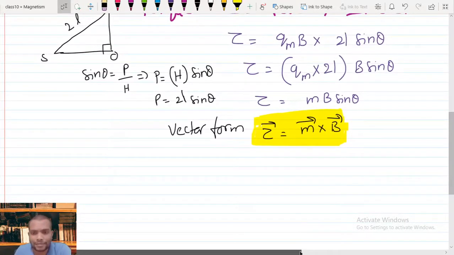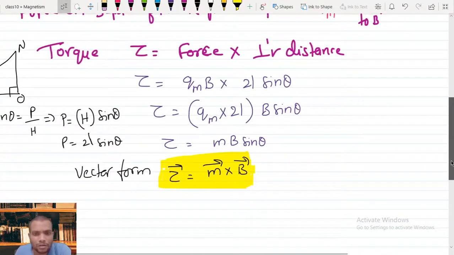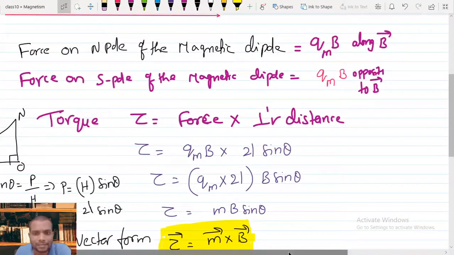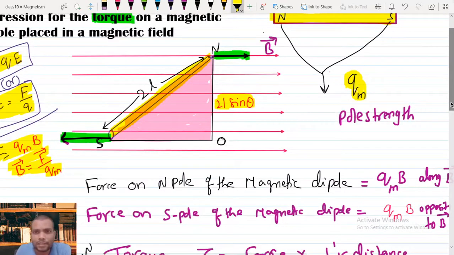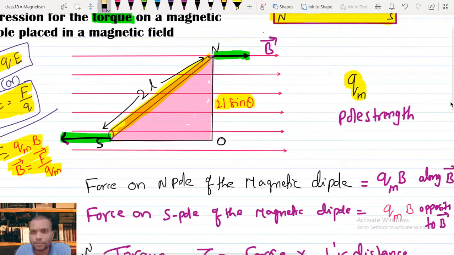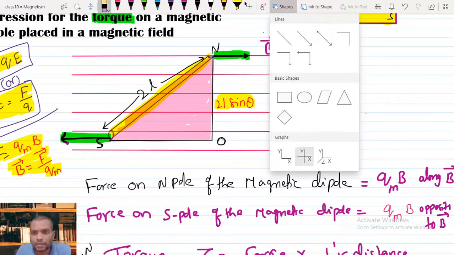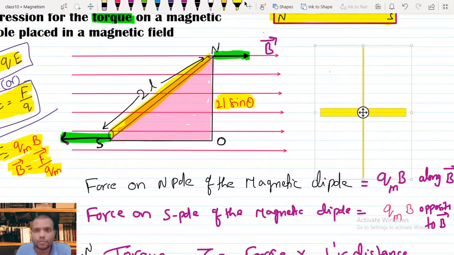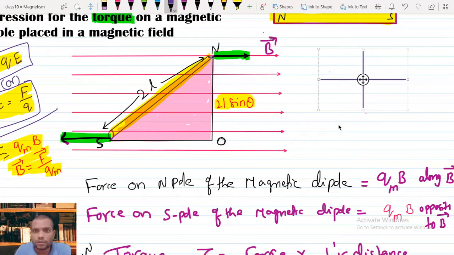And what about direction? Since magnetic field, magnetic moment and torque, the three are direction sensitive. Here you can see the magnetic field direction is shown. Take these directions for a moment: north, east, west and south.